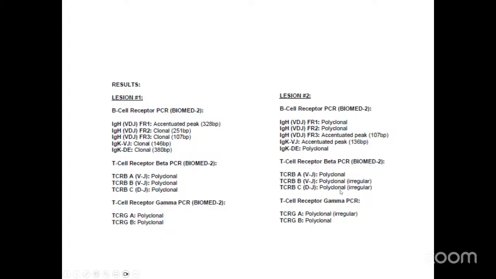So based on this, there might be a small population which is getting dampened by more polyclonal background in the second lesion, and the only place where it is showing up is FR3. However, this is not enough to say that this is involved by the neoplastic process that is happening in lesion 1.